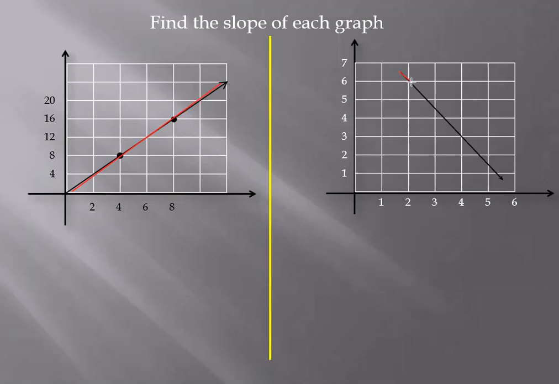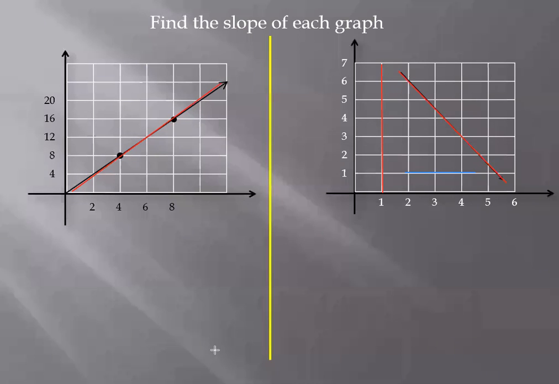If the line points to the left side, the slope is negative. If the line is parallel with the y-axis, the slope is undefined. If it is parallel with the x-axis like this, it will be 0.